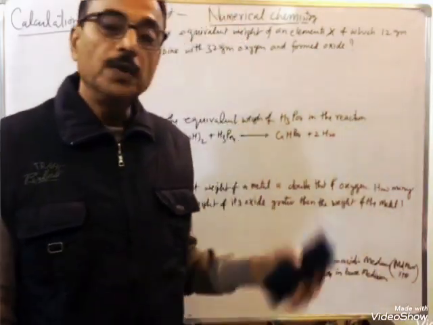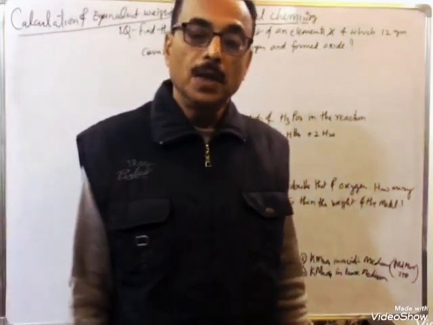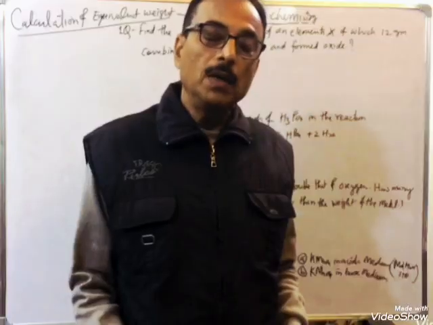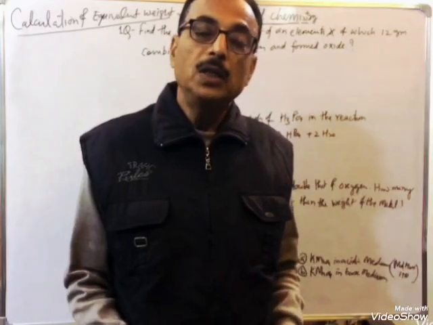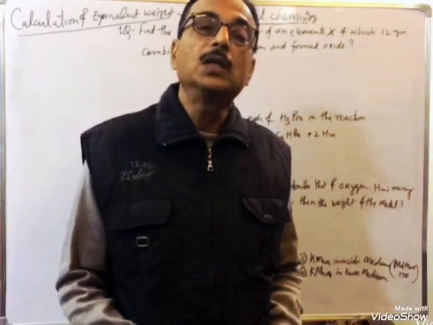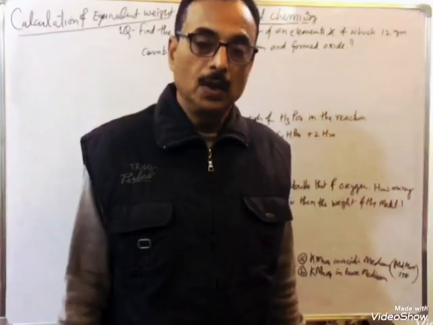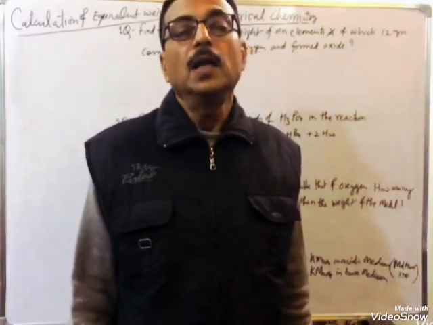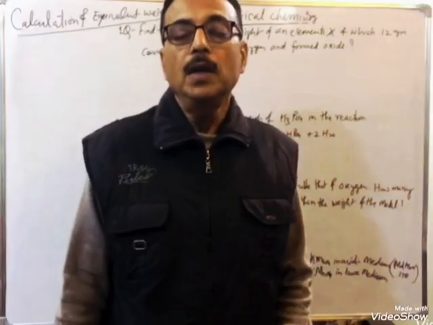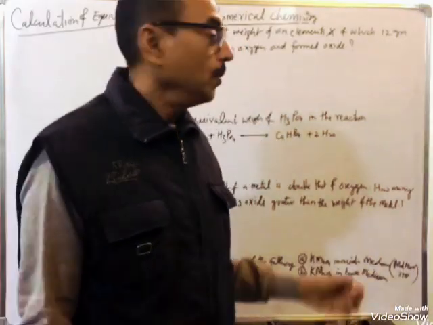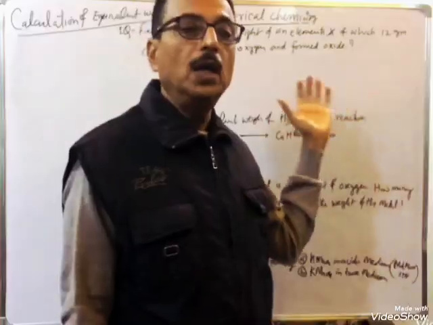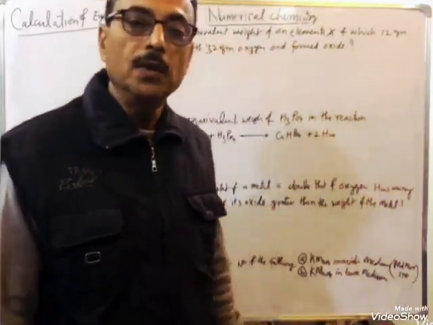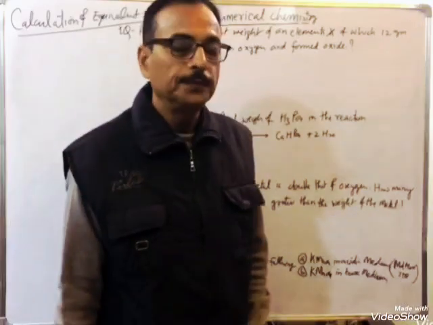This chapter is very important because for normality calculation you must have the knowledge of calculation of equivalent weight. So today I will tell you about the equivalent weight, and in the next lecture I will give you the normality, molality relation and calculation of normalities of different reactions.